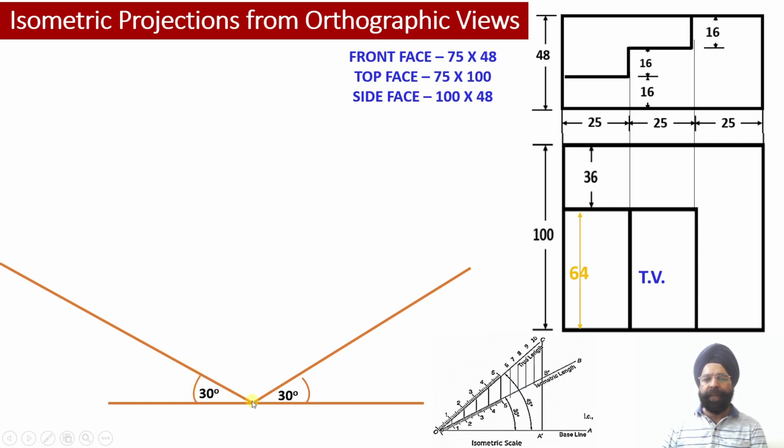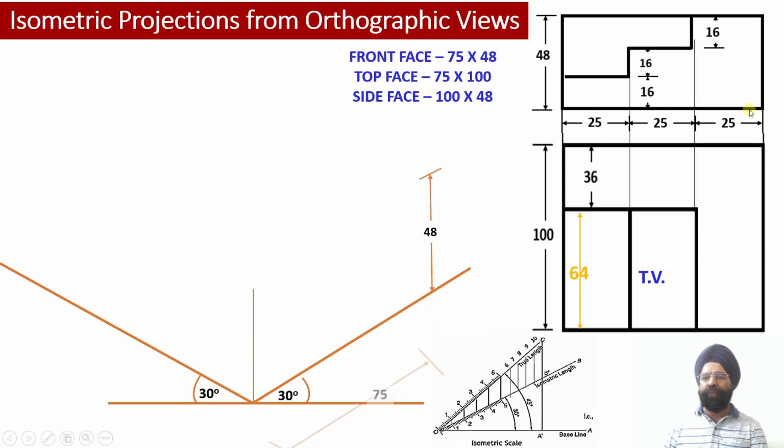Similarly, from the origin, we are going to draw the isometric z-axis, which will be drawn towards the right at an angle of 30 degree. And from this origin, we are going to draw the vertical axis over here, and the name of this axis is y-axis, right? So this is called y-axis. The y-axis is going to represent the height of the solid, and as we have discussed, along the z-axis we are going to mark the length of the solid, which happens to be 75 millimeter.